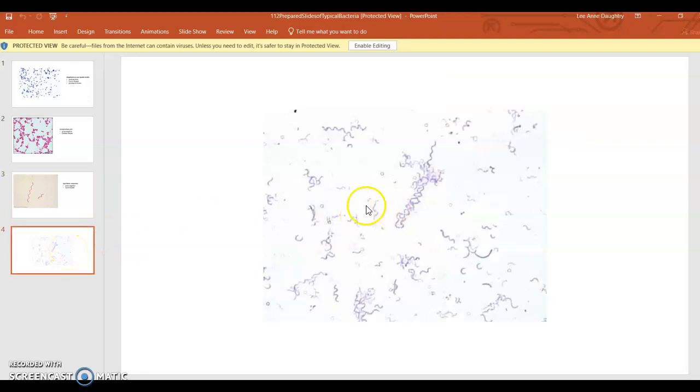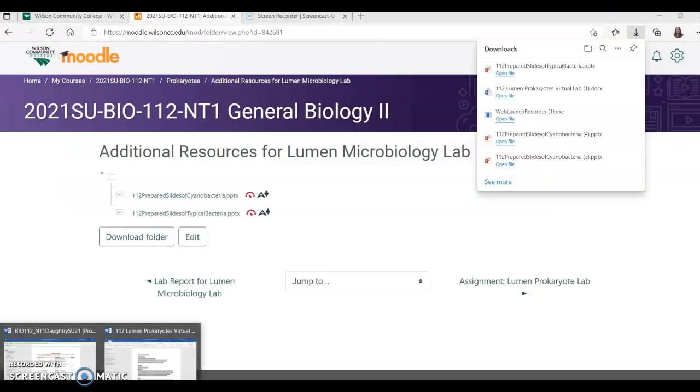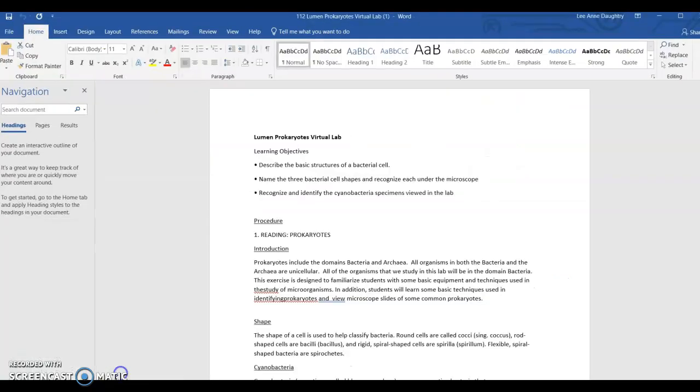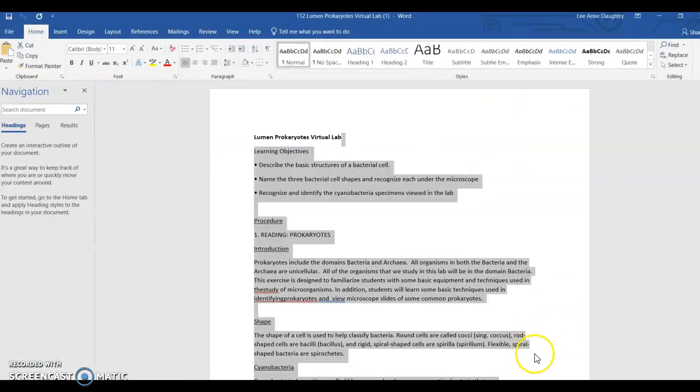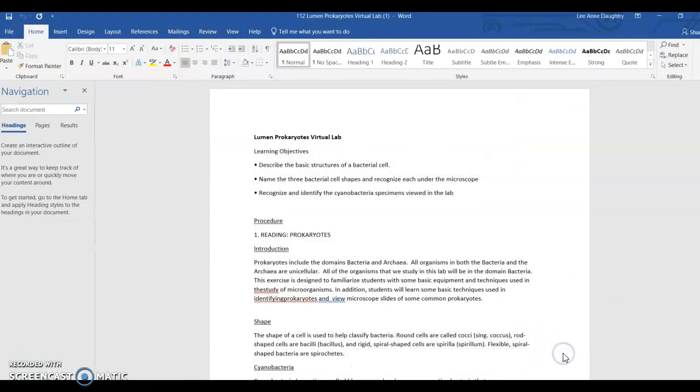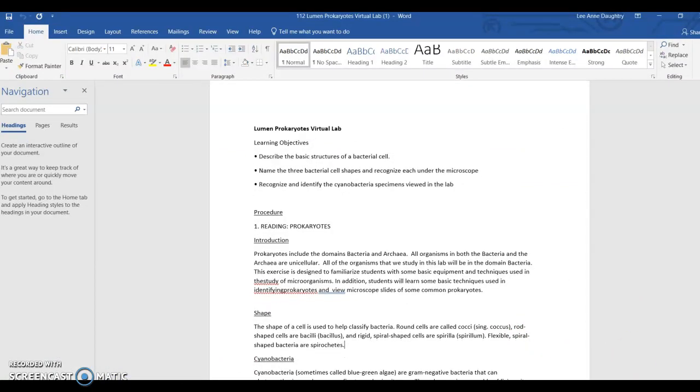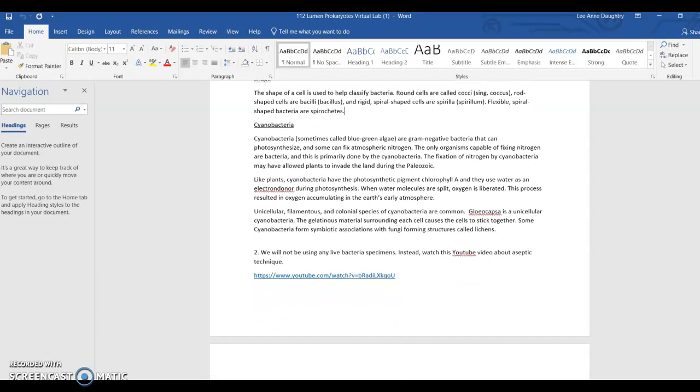And another example, these are just gram-positive spiral-shaped bacteria. Okay, and so then we'll go back to our lab and scroll down.